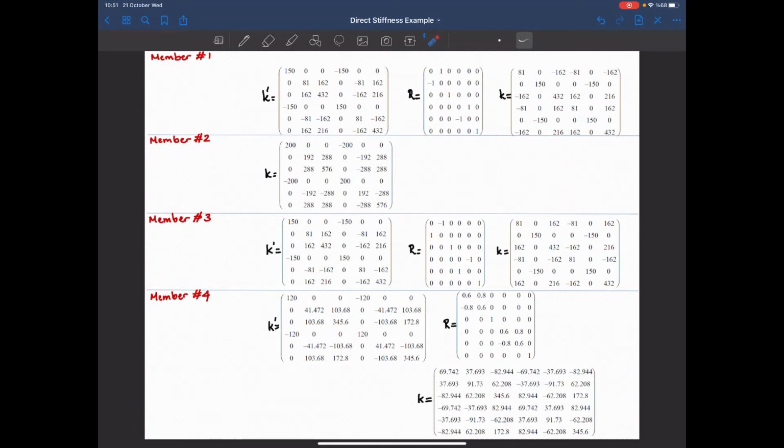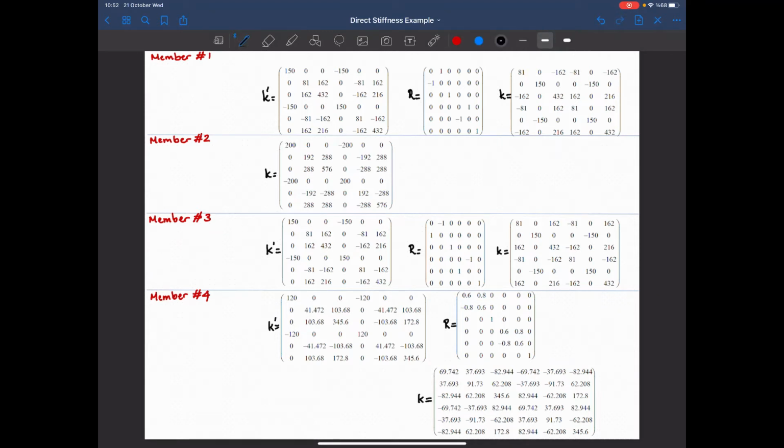Now here, for every member, I calculated the element stiffness matrix in the member's local axis, then by using the rotation matrix and the rotation angle, we obtain the structural stiffness matrix in the global directions.